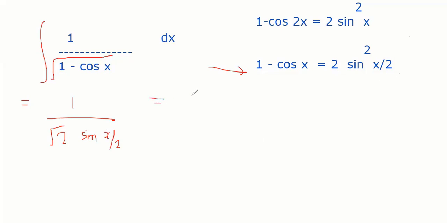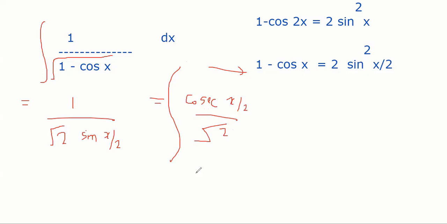Or if you take it in the numerator, it becomes cosec x by 2 by root 2. Integration of that is what your question becomes now: integration of 1 by root 2 into cosec of x by 2.